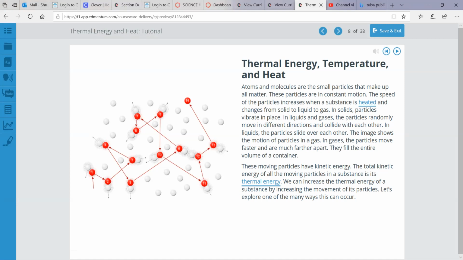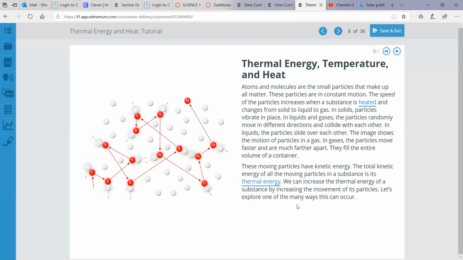In liquids and gases, the particles randomly move in different directions and collide with each other. In liquids, the particles slide over each other. The image shows the motion of particles in a gas particularly. So the particles move faster and they're a lot further apart, and they fill up the entire volume of whatever container they are in.